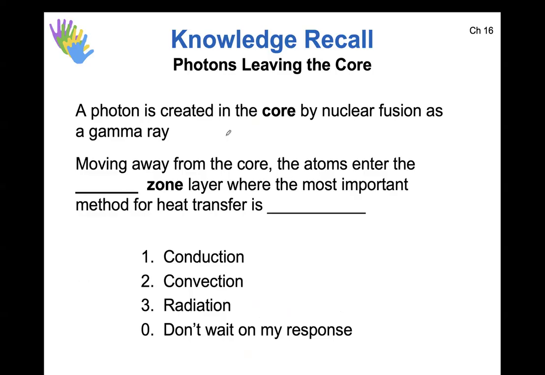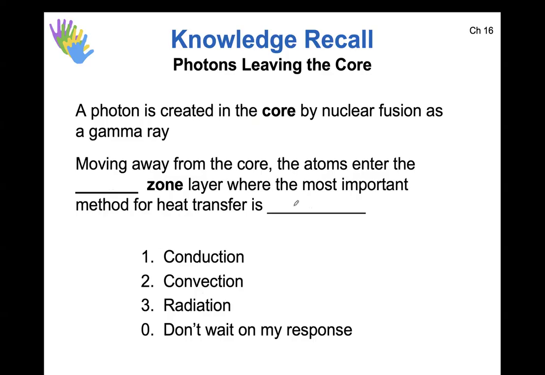Moving away from the core, the atoms enter the blank zone layer, okay? So kind of like me, they can't decide whether they want to call it a zone or a layer or a level for that matter, where the most important method for heat transfer is blank. And notice there's two blanks, but each time only one word. So whatever this zone is called, it has to be the same as the method of heat transfer.